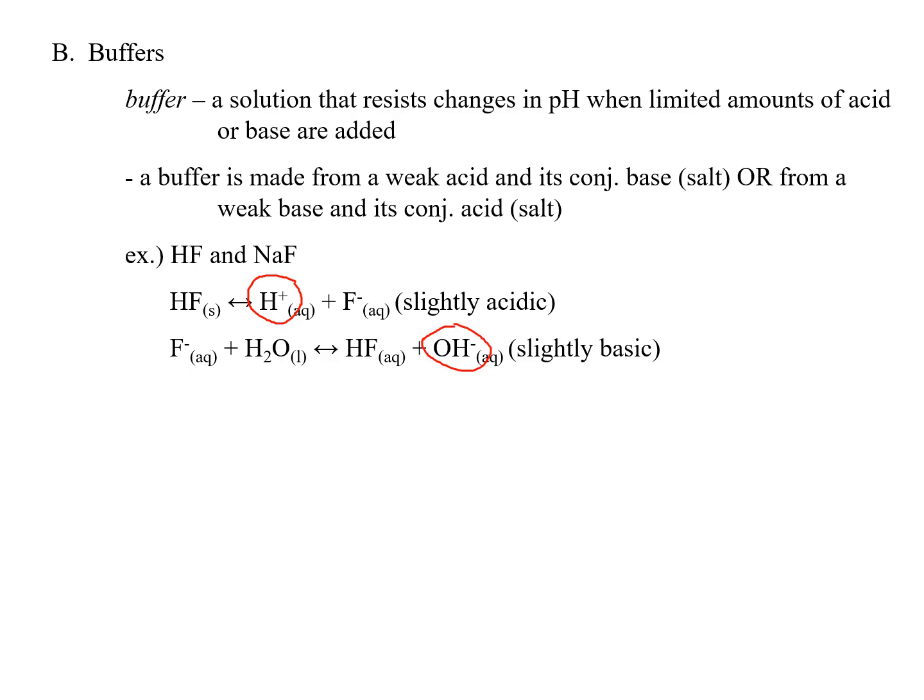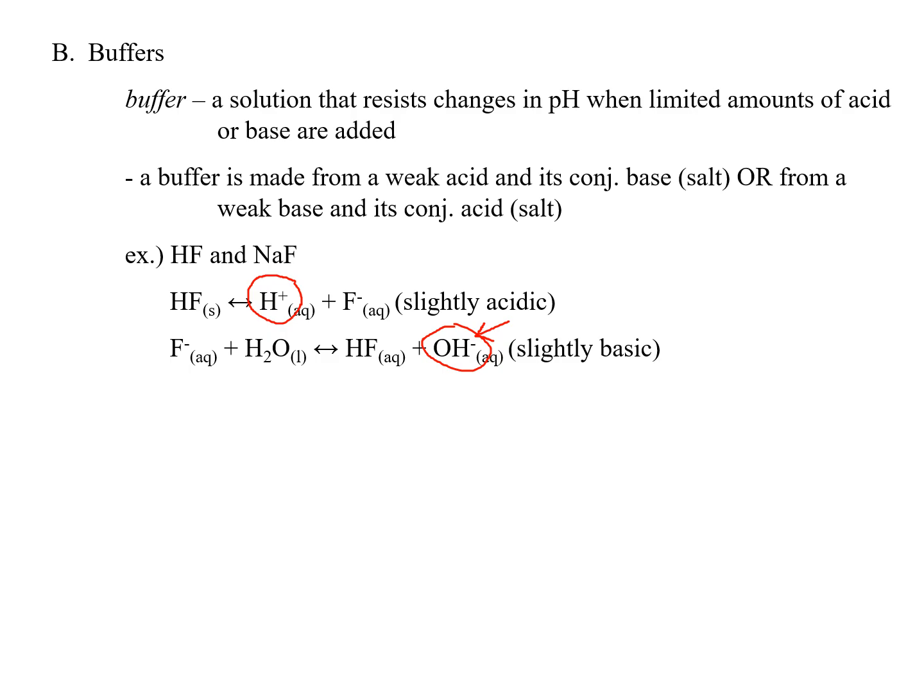Now, what if I were to add some more acid to this? Let's say that I were to take some HCl and throw it into the solution. Well, the HCl is going to have some H positives that are going to suddenly change the pH balance. But no, these OH negatives will be able to go in and attack those H positives that are added and turn them into water, which doesn't affect the pH at all.